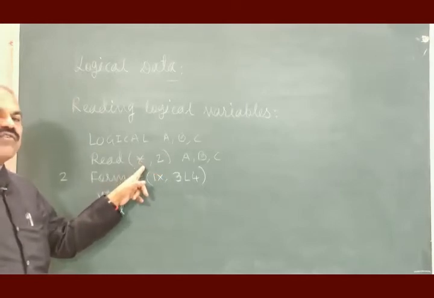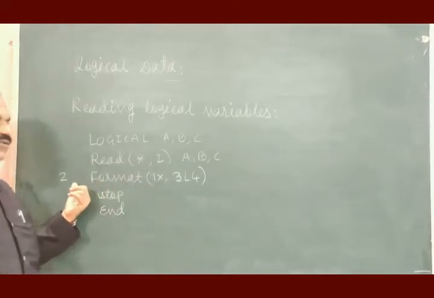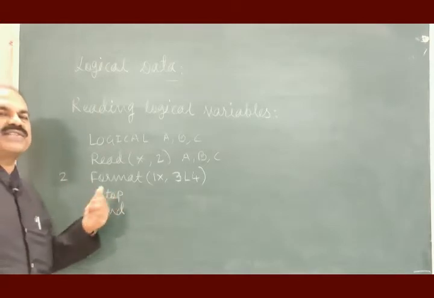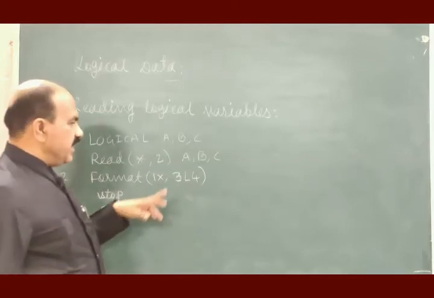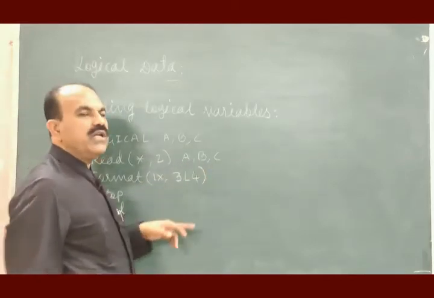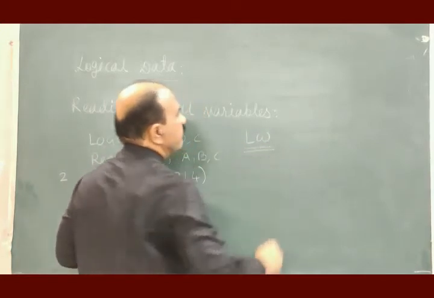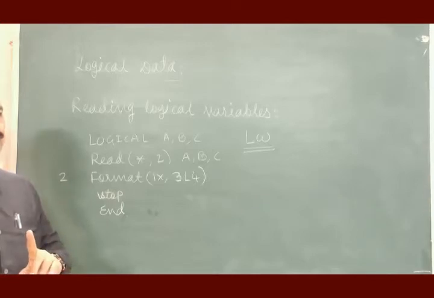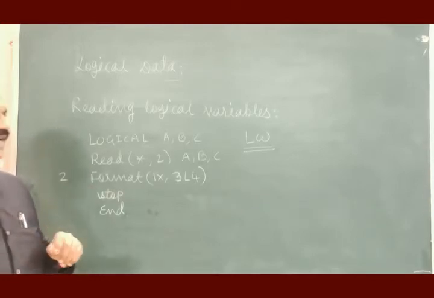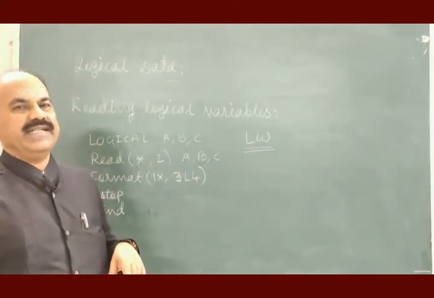Asterisk for default input device, 2 for the format. 2 is the line number of the format statement A, B, C. The format of a logical variable is always defined by the symbol LW. L format corresponds to logical data, W corresponds to the width of the logical data.